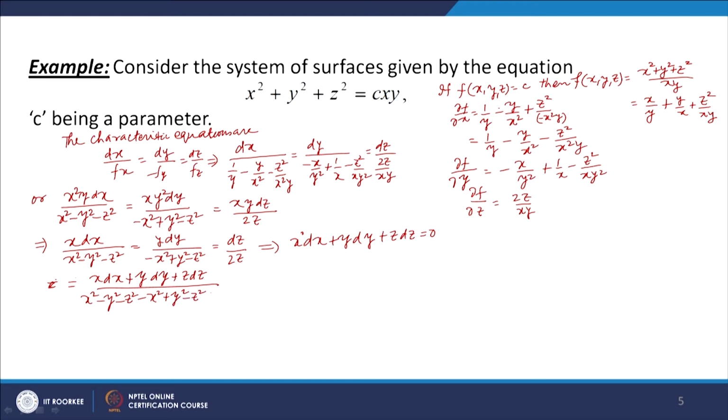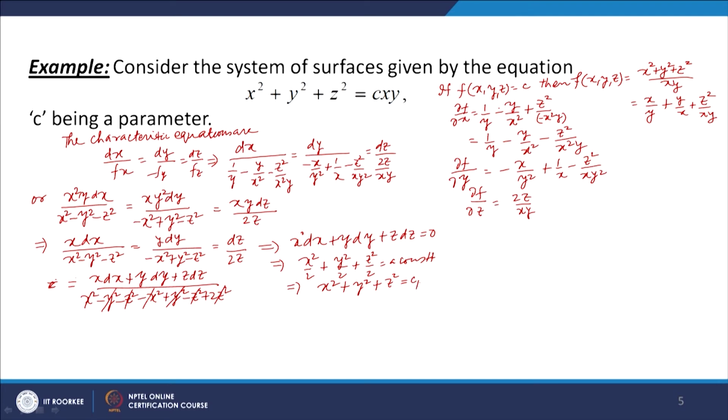We are multiplying here by z, so we get 2z square and the whole thing cancels. So x dx plus y dy plus z dz equal to 0, which implies x square by 2 plus y square by 2 plus z square by 2 is a constant. Okay, so we can write x square plus y square plus z square equal to some constant C1.